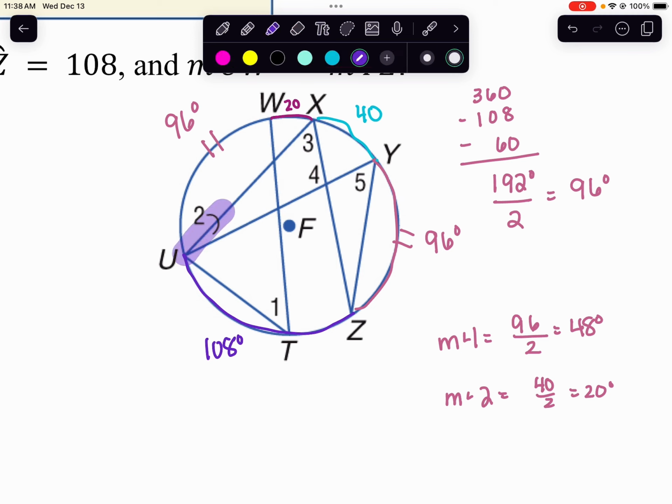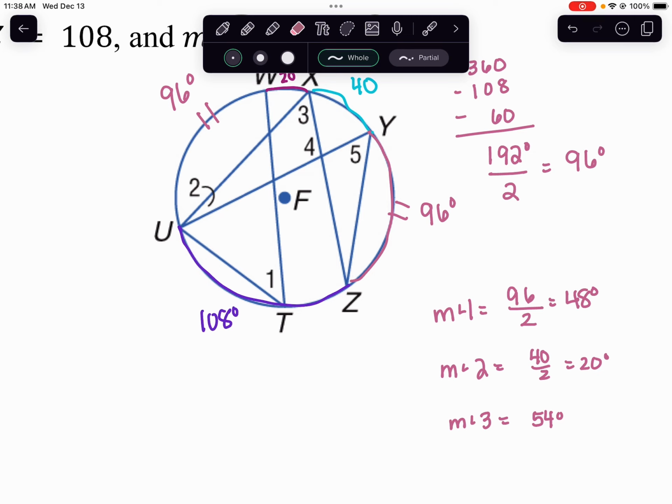Then here's angle 3. Angle 3 is there, so half of 108 is 54. The next one, angle 4. If you notice, angle 4 is not an inscribed angle.